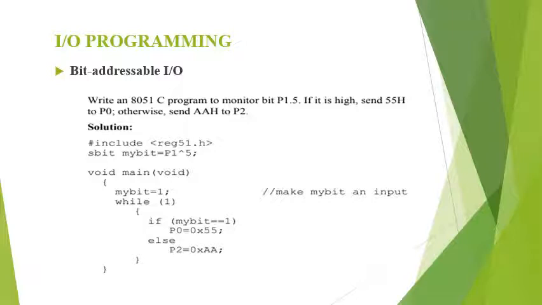So again we are assigning port 1's D5 bit to the myBit variable using the data type sbit, and then in the main function we are assigning 1 to the myBit variable, that is, we are assigning the value 1 to P1.5, the D5 bit of port 1, and then in the while loop we are checking whether myBit is equal to 1. If it is equal to 1, then assign the 55H value to port 0, else assign the AAH value to port 2.